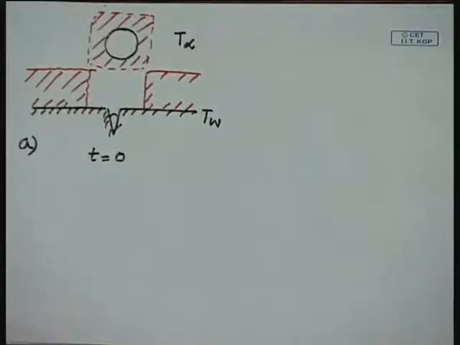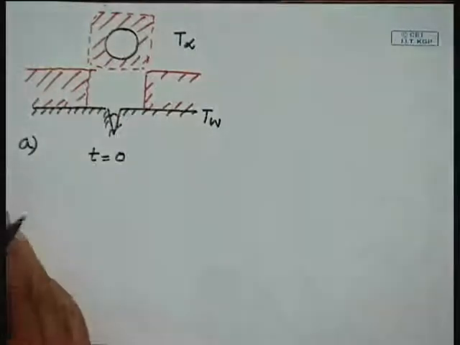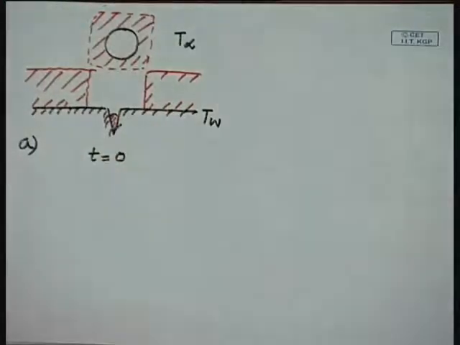So, at this moment two incidents are very important. One incident is that the bubble which has departed has left a small portion which will act as a nucleation site for the next bubble.